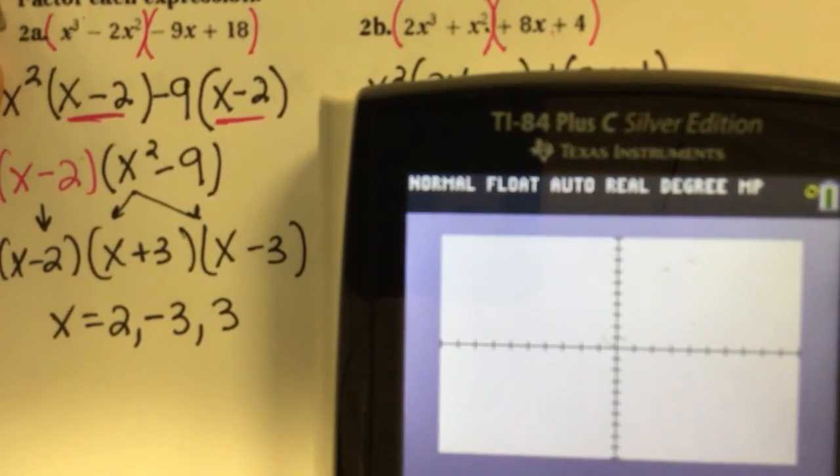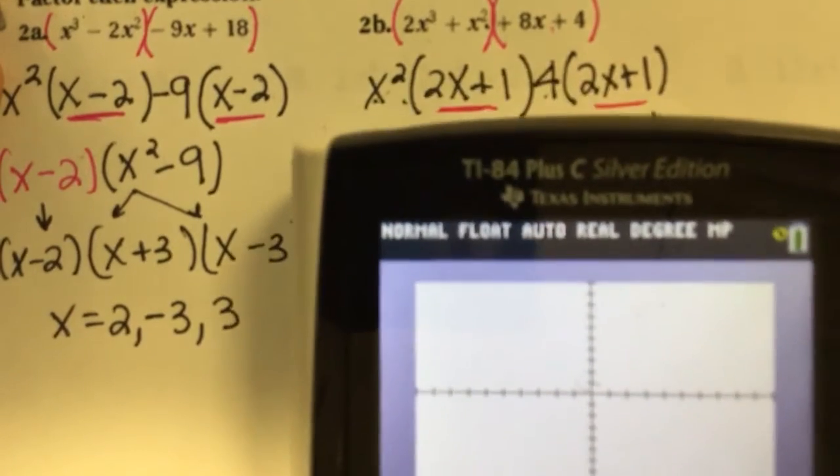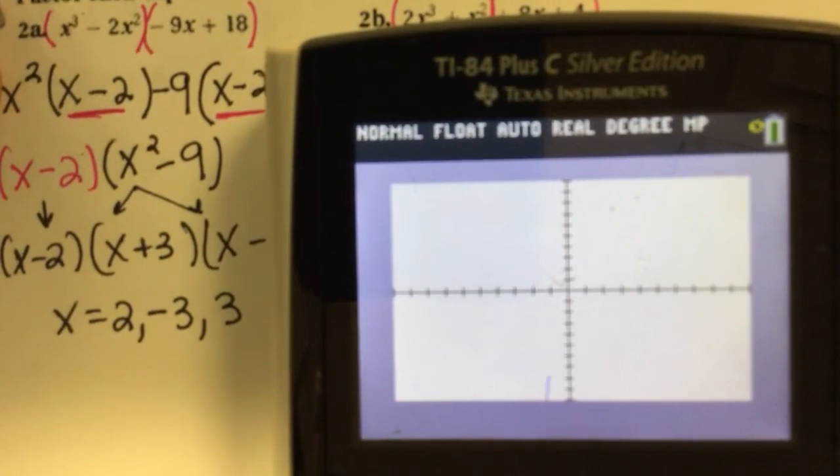Graph. So if I've done this correctly, this should only hit the axis one time. There it is at 1/2.